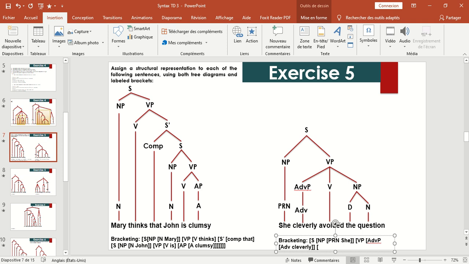We open the verb, which is avoided. We close the verb and then we open the noun phrase. Inside it we have a determiner, which is the, we close it, and then a noun, which is question.